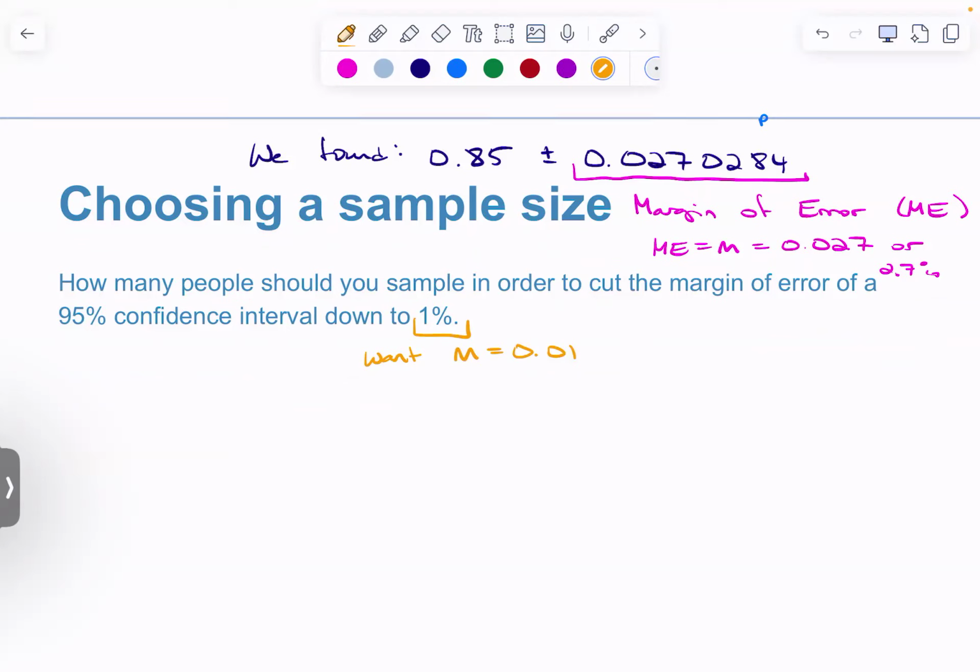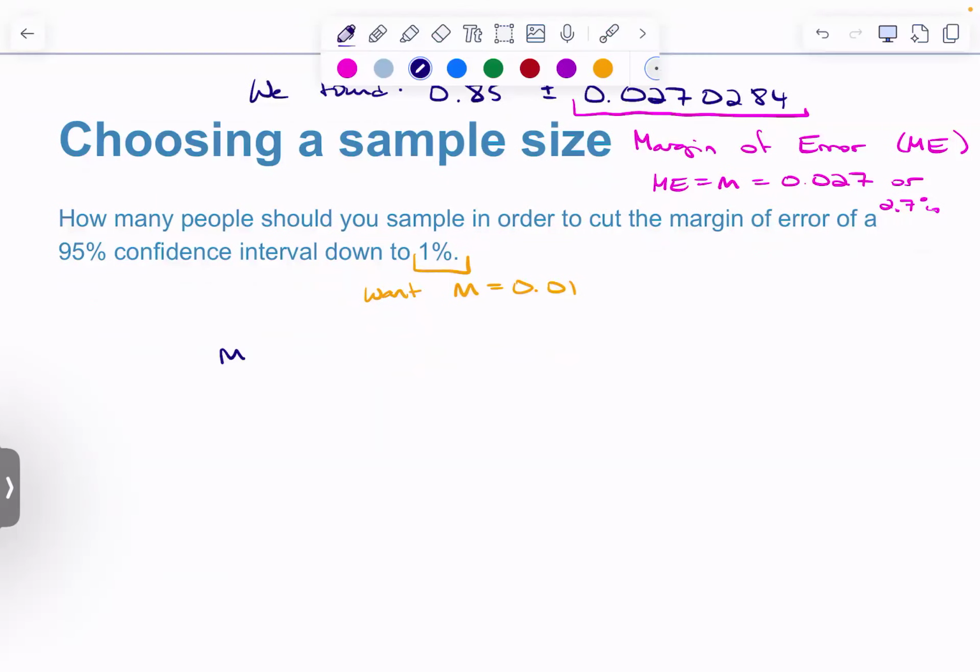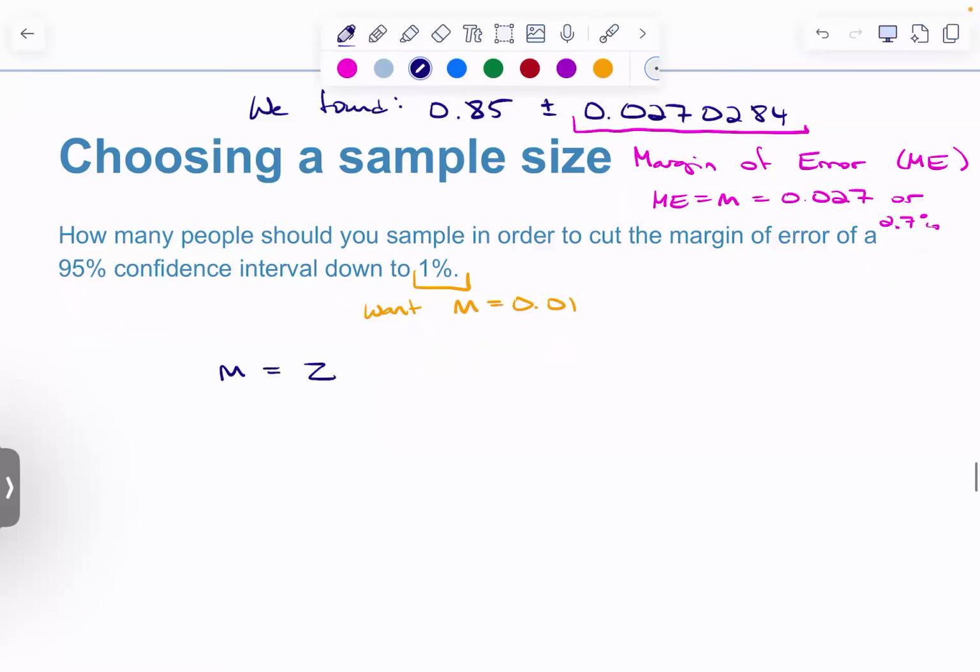Down from 2.7 or 0.027. So if we think about what the margin of error is, the margin of error m is the same as z star times the square root of p hat q hat over n.